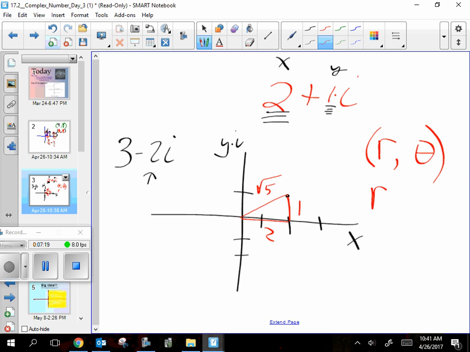It's r, comma, and the angle that you would want for this is this angle, and I do not have it memorized, so I have to go to tangent, but angles aren't given by tangent, but they are given by inverse tangents.